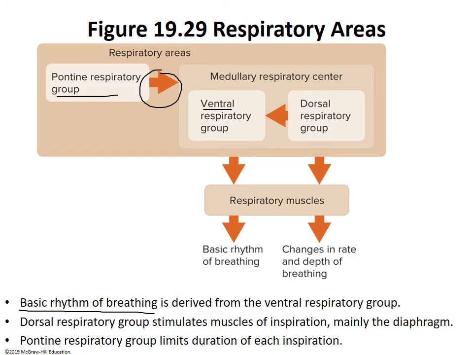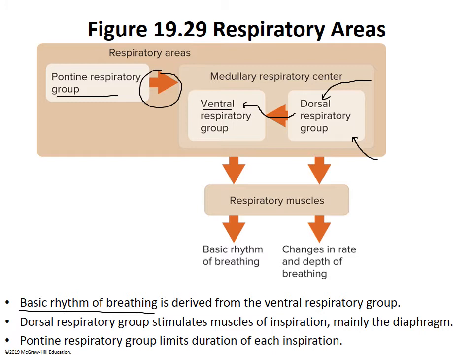Well, the dorsal respiratory group is behind the scenes. Dorsal means posterior or back. And behind the scenes, this little area is receiving all kinds of information, and it helps to modify the normal breathing when needed. All right, so it's behind the scenes, and it's deciding if I need to sneeze or cough or whatever.